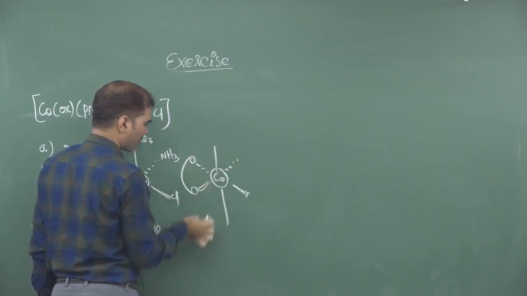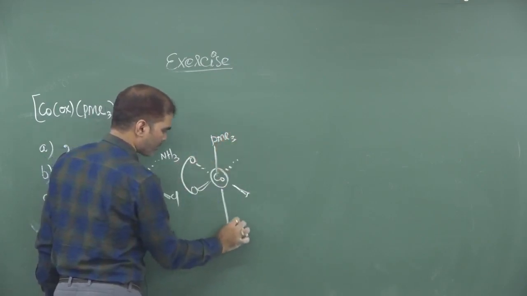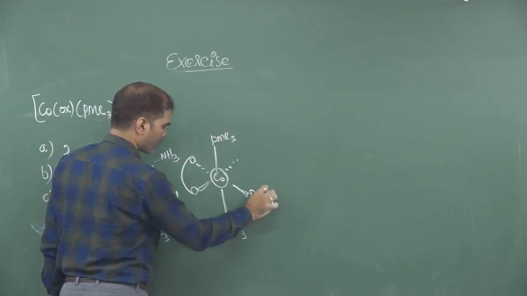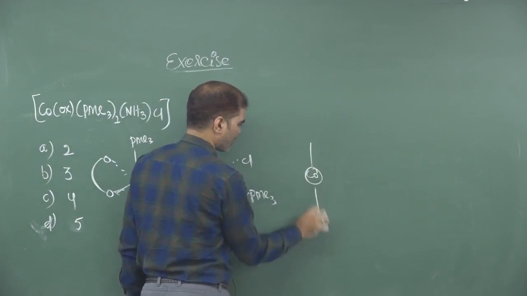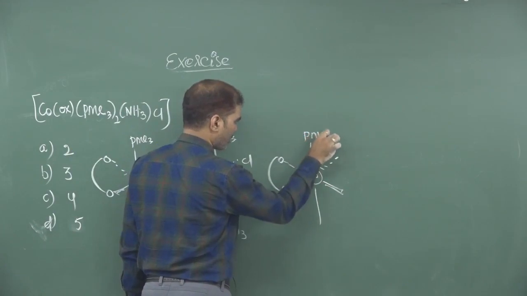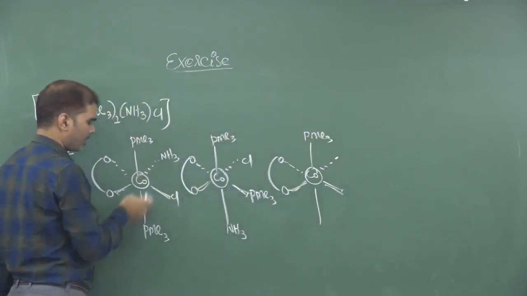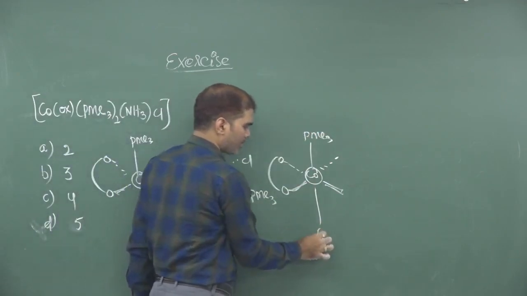Oxalato is fixed. PMe3, put amine once. This is one. Fix oxalato. PMe3 is still here. PMe3 to PMe3, PMe3 to amine, PMe3 to chlorine.